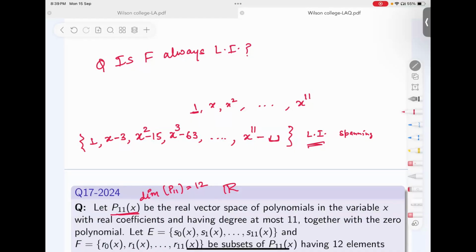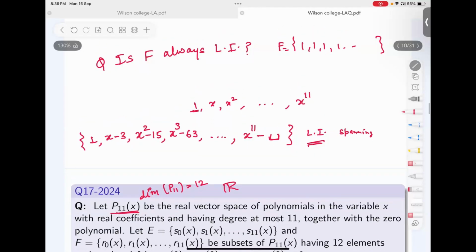So the question is, is F always linearly independent? No, of course not. You can just take F as 1, 1, 1, 1 like this, with members repeating.